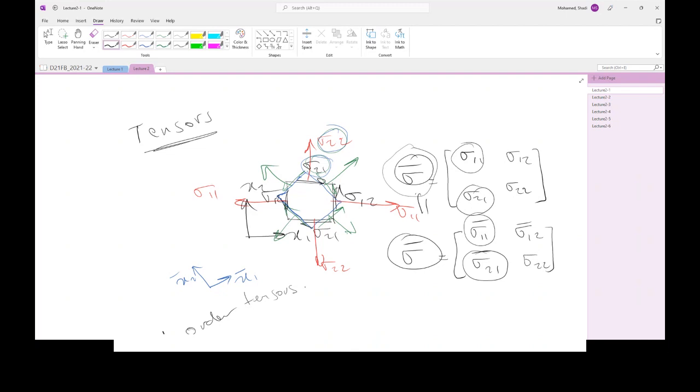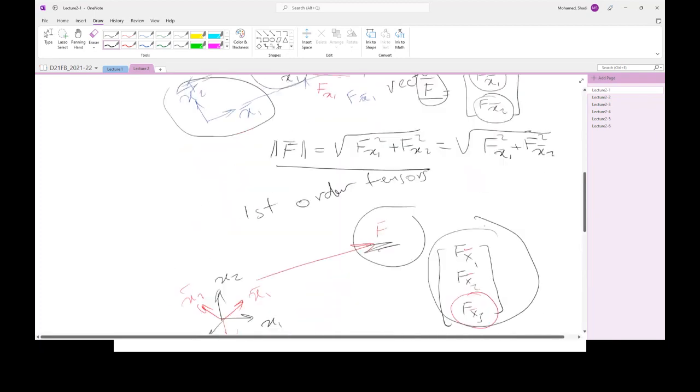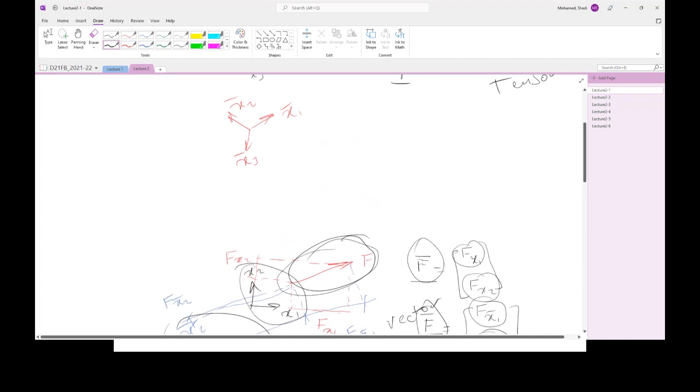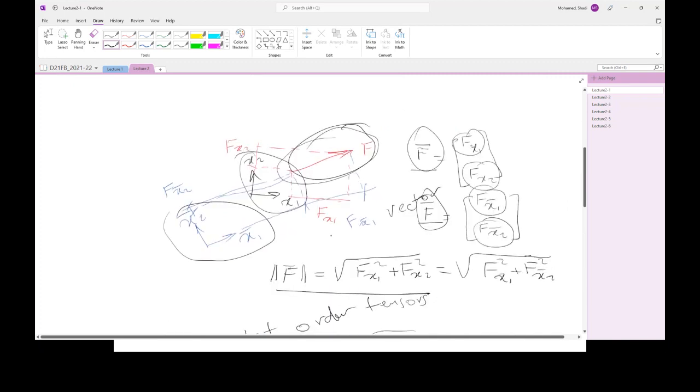And in physics, in general, I think we have meaningful quantities up to fourth order tensors. Fourth order tensors serve a specific purpose in the physics we know today. However, in math, you can have any number of orders. Think about it, just like if you want to describe a vector in 4 dimensions, the vector has the components F1, F2, F3, F4.